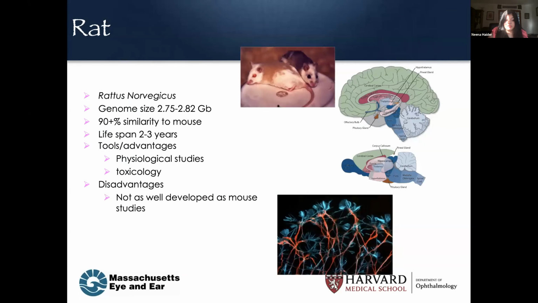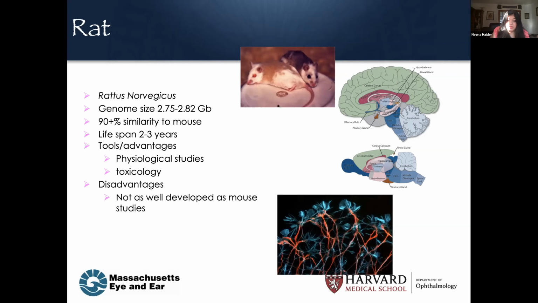The rat, which is similar to the mouse, but bigger, and their physiology actually represents human physiology better than a mouse. So for some physiological studies, this may be a better model. For example, people that study diabetic retinopathy and they want to look at the diabetic end of this and the impact, this is better. It's also used in toxicology studies.